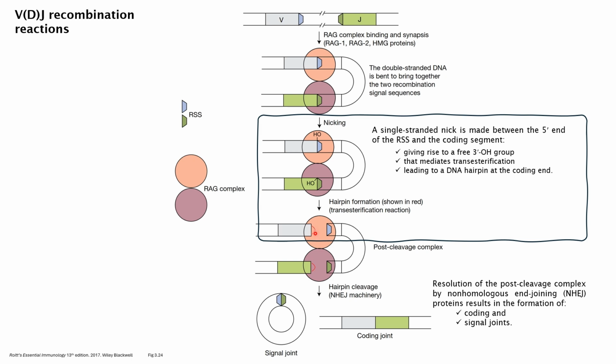And this connection here is called a hairpin loop, so the DNA is closed. The next slide is going to describe what happens at that hairpin loop, and the process by which these two ends get joined together after the hairpin loop is formed will generate the junctional diversity.